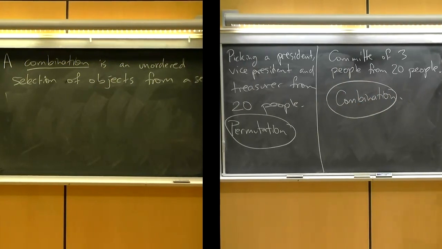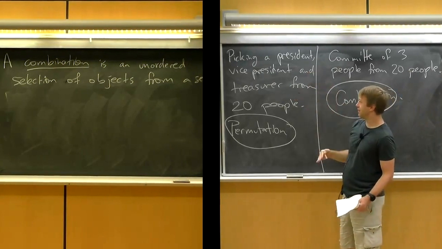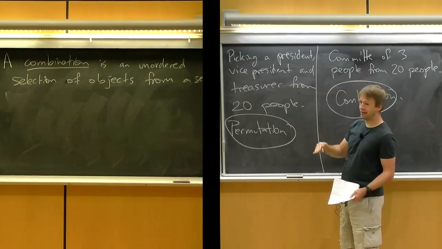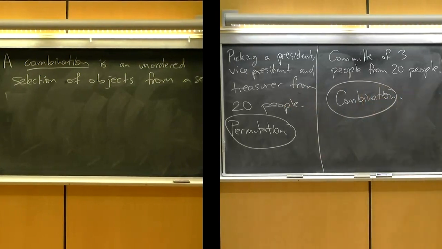So if I pick Alice, Bob, and Fred on my committee, that's the same as picking Alice, Fred, and Bob, or Fred, Alice, and Bob. We consider all those things the same. Whereas here, if it's president, vice president, treasurer, Alice, Bob, Fred, that's different than switching them, right? Is this distinction clear, or any questions about that?